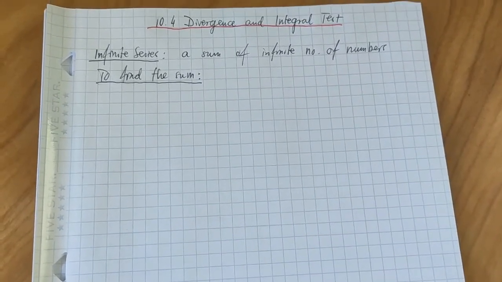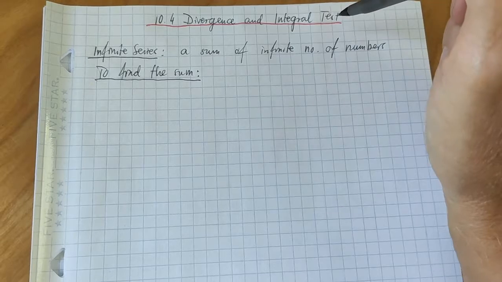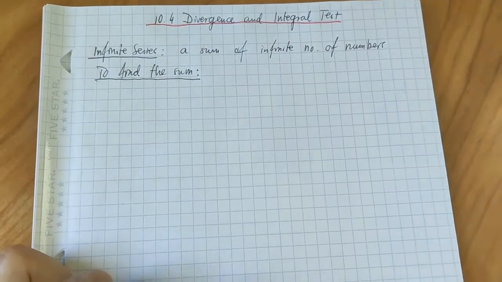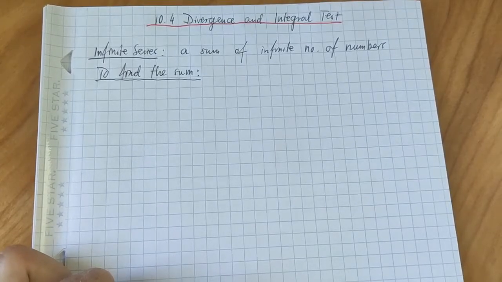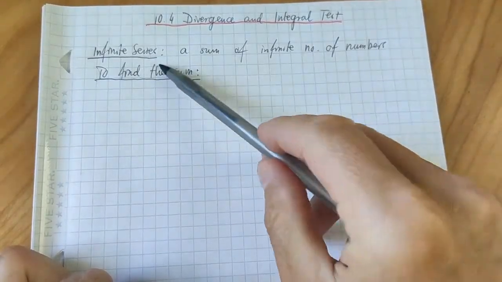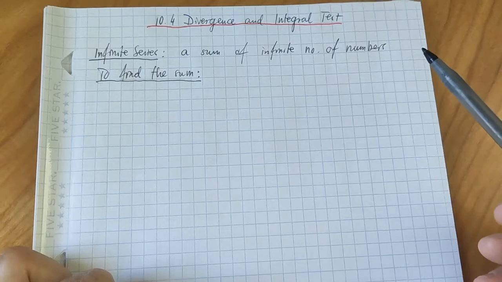Okay, so this lecture is on 10.4, divergence and integral test. Before we begin, let me just remind you and summarize what we've done so far. An infinite series is a sum of an infinite number of numbers.